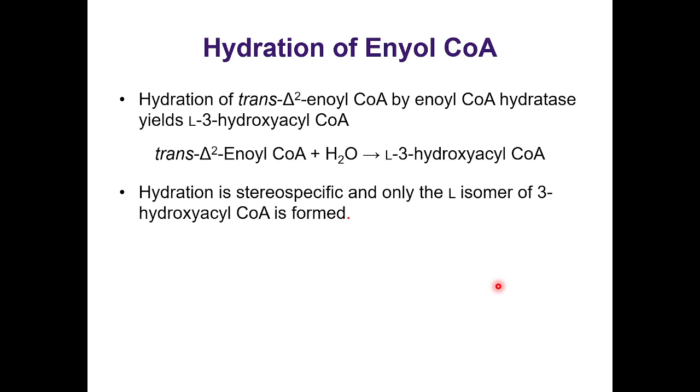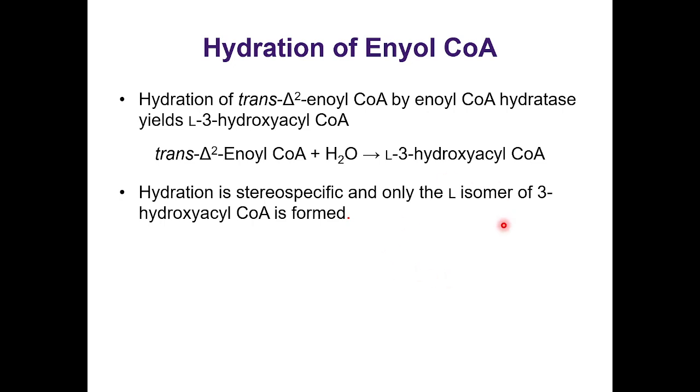The hydration of your enoyl-CoA, so the hydration of that trans delta 2 enoyl-CoA by the enoyl-CoA hydratase is going to yield our L-3-hydroxyacyl-CoA. This is that overall reaction. We had actually seen that in the pathway before. That's the second step. The hydration is going to be stereospecific.